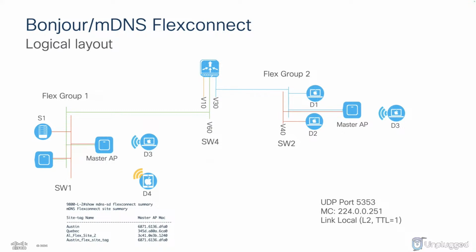Bridging is generally not best practice unless you're in some sort of small office, because just like we talked about before, you're going to get overwhelmed with all of that mDNS traffic because you're not filtering any of it. So option one, turn it off completely. Option two, if you need it, turn on the gateway, turn on location services, turn on filtering. So that's best practice as we look at this.